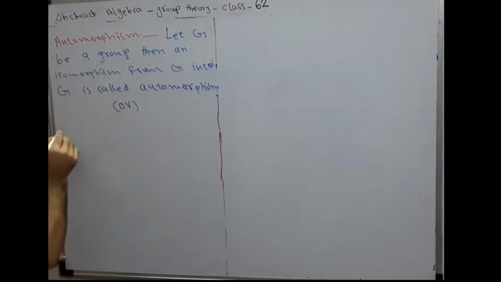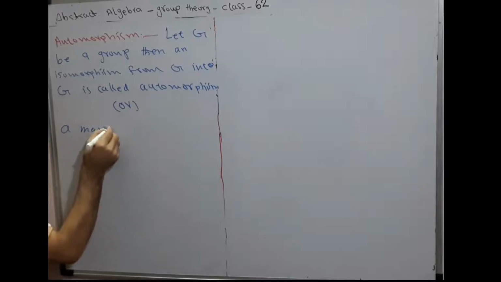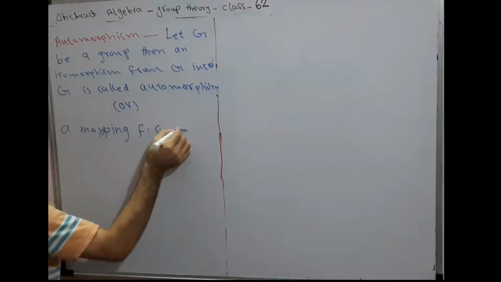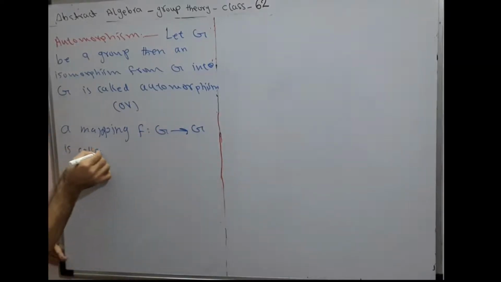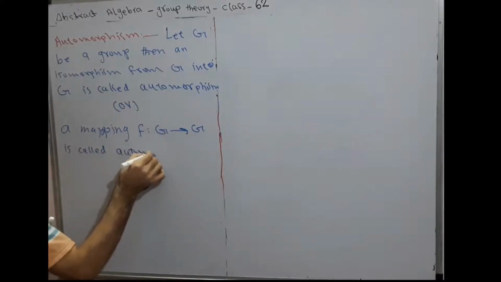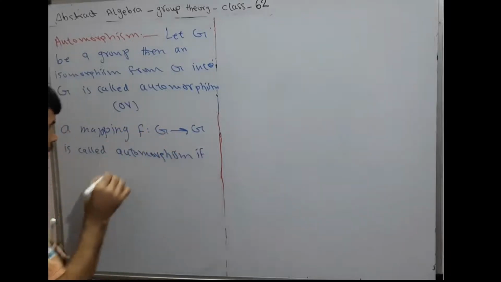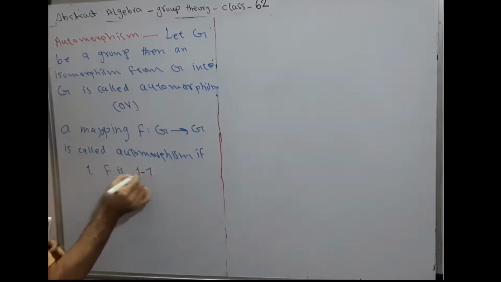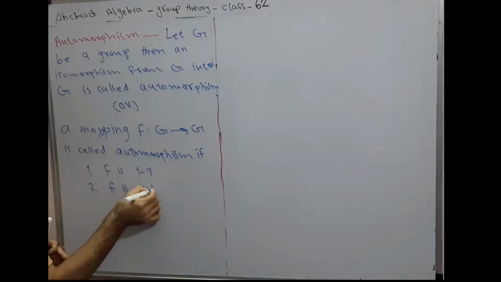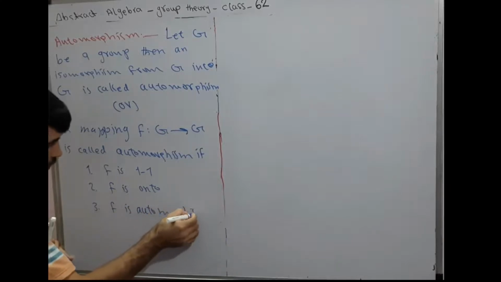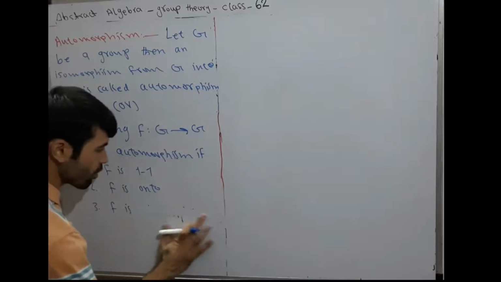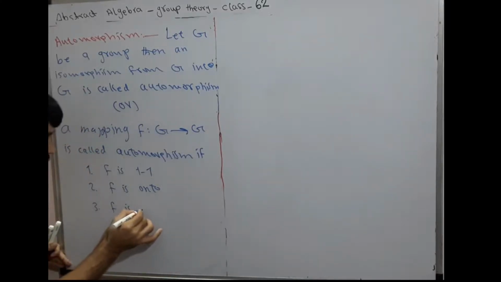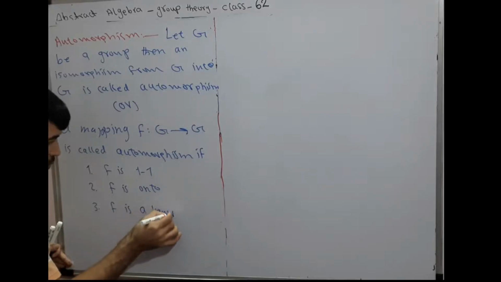or we can say a mapping f from G into G is called automorphism if three conditions hold: one, f is one-one; two, f is onto; three, f is a homomorphism.